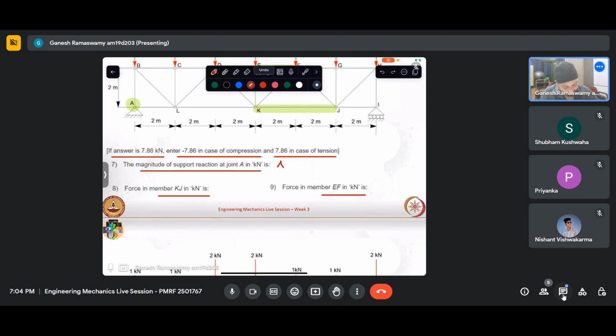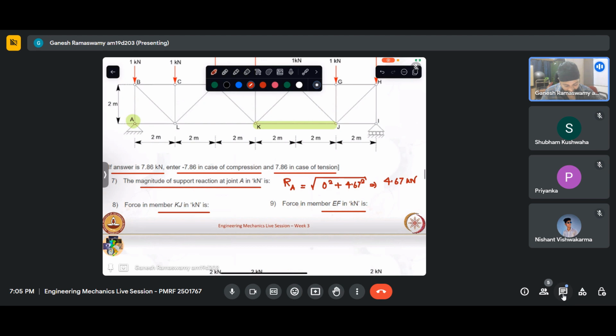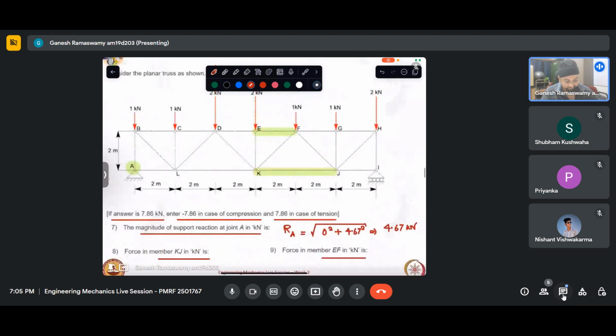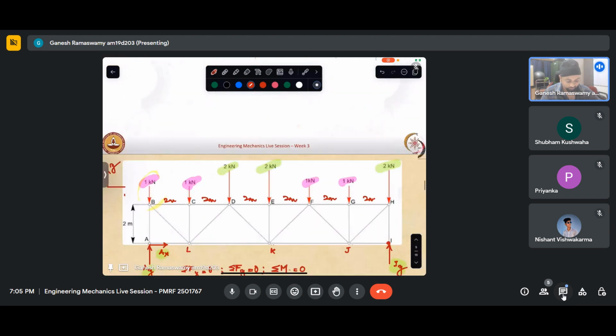So the magnitude of the reaction at A, let me call it RA, is the square root of AX squared plus AY squared, which is the same as AY since only the vertical component exists, but I'm doing it for the sake of completeness. Other than this, we need to find the member forces in members KJ and EF, as highlighted here. So let us see how to go about doing that.